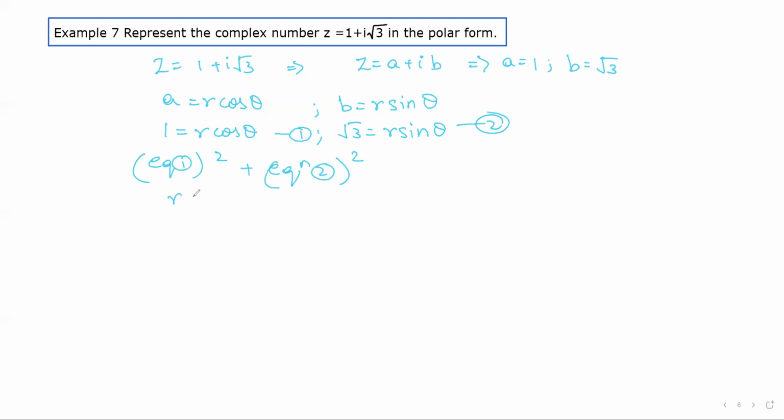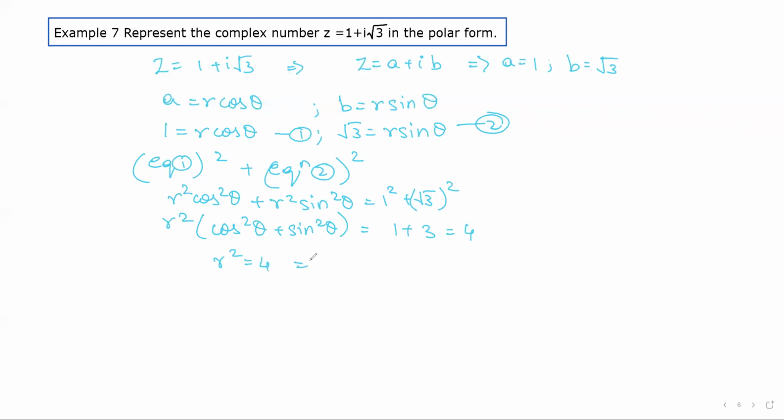So you get r square cos square theta plus r square sin square theta is equal to 1 square plus root 3 whole square. Here you have r square into cos square theta plus sin square theta is equal to 1 plus 3 is equal to 4. So here r square is equal to 4. Implies r is equal to plus minus 2. But your radius is always positive, so it will be considered as positive 2.